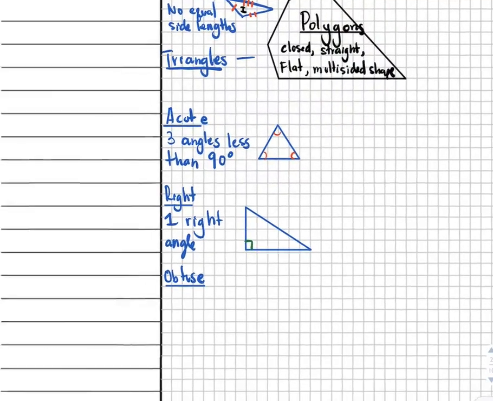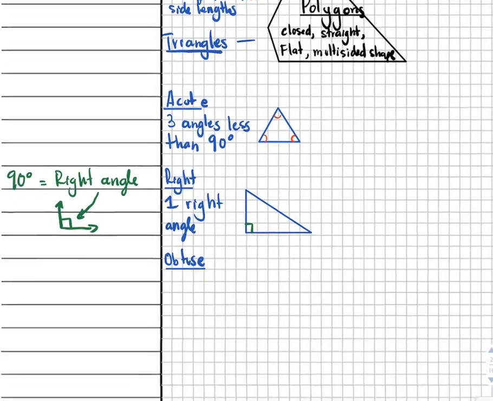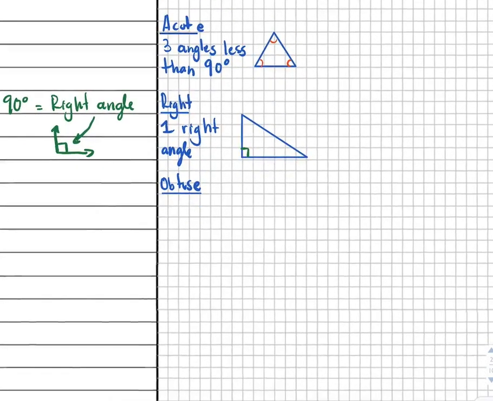So I'm going to say 90 degrees is equal to a right angle. 90 degrees is displayed with a square. If there's a square in the angle, that means it's 90 degrees. So that's a right triangle.